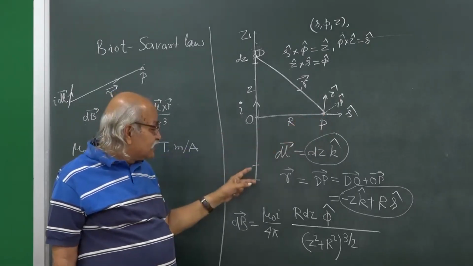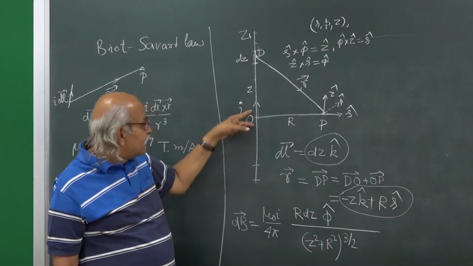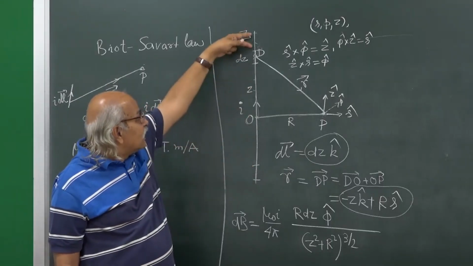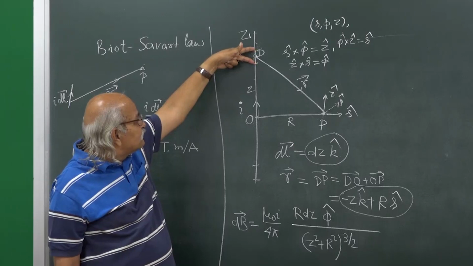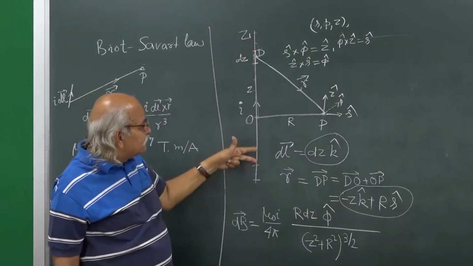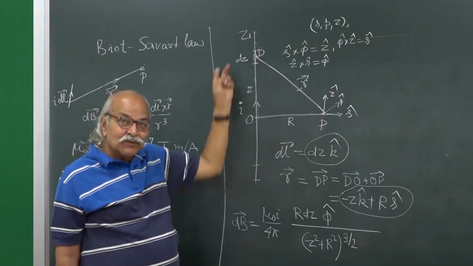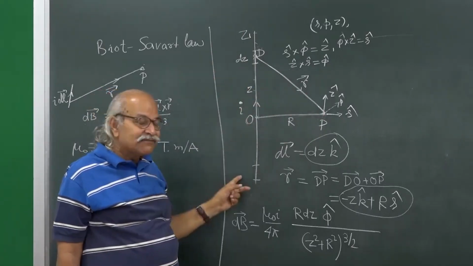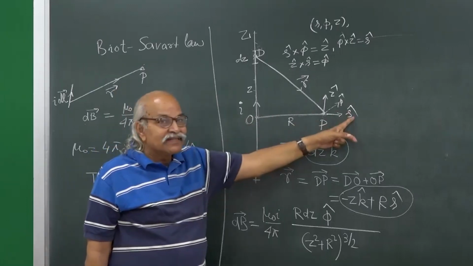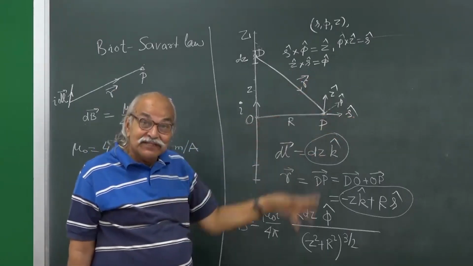I am changing z, and I want to write the magnetic field from each of these elements. But the point P is fixed, origin is fixed, z axis is fixed, and therefore s cap is fixed, z cap is fixed, phi cap is fixed.